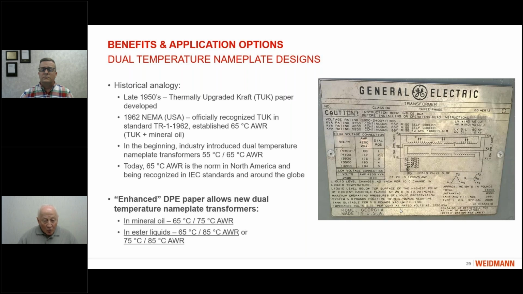If you look closely, you can see that this transformer has 3,750 kVA capacity at 55 degrees Celsius, and it has 4,200 kVA capacity at a 65 degrees Celsius system. Both of these levels are continuous levels. They are possible because thermally upgraded paper was used in such a type of insulation system.